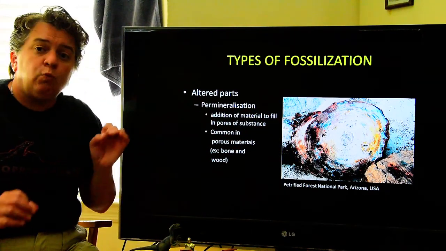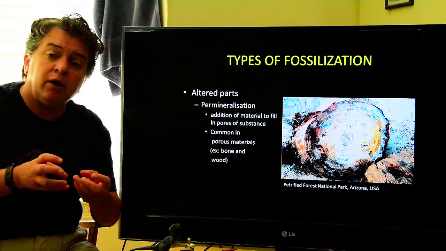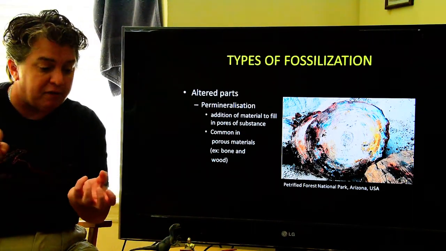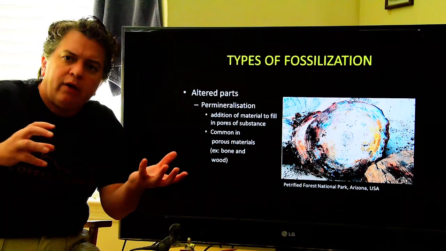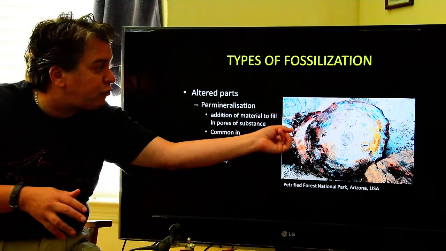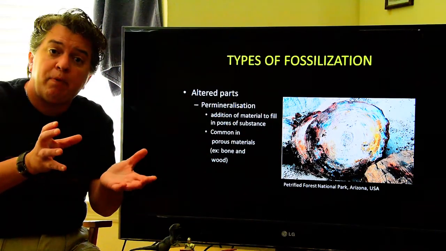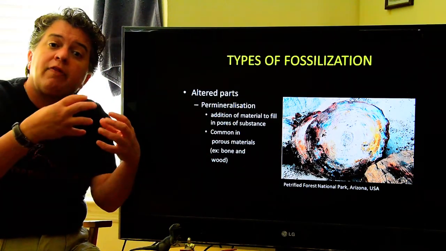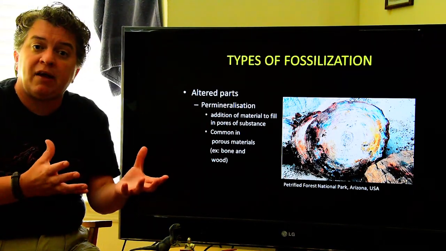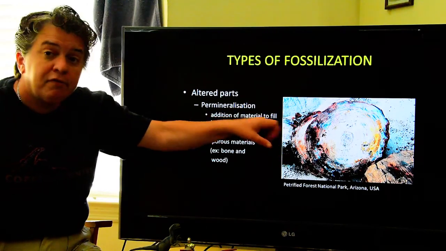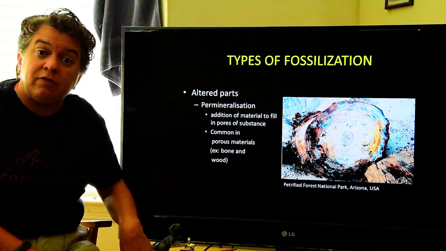Bone and wood often get permineralized because groundwater can be flowing through the area where your tree or your bones were buried, and the groundwater will then precipitate minerals in all of the pore spaces, thus preserving that fossil.